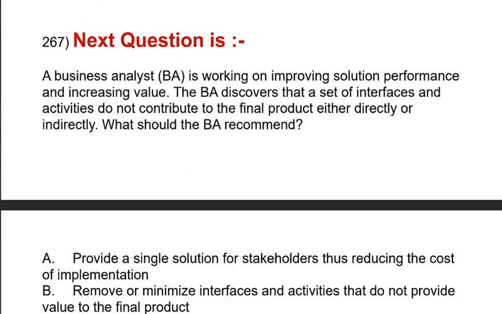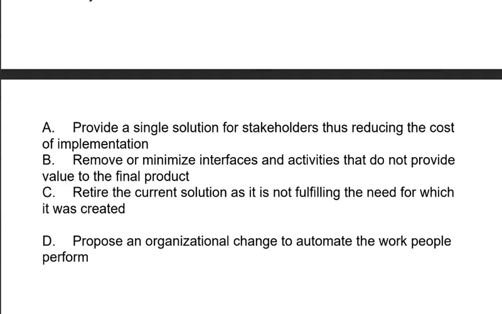Question is, a business analyst BA is working on improving solution performance and increasing value. The BA discovers that a set of interfaces and activities do not contribute to the final product either directly or indirectly. What should the BA recommend? Option A, provide a single solution for stakeholders, thus reducing the cost of implementation.